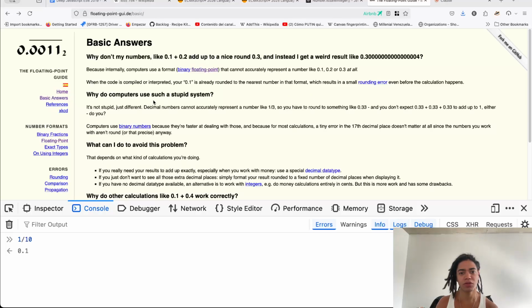Why do computers use such a stupid system? It's not stupid, just different.